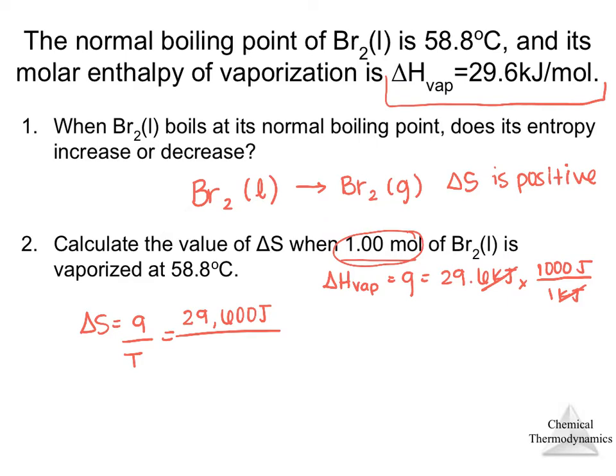So we're going to do 58.8 plus 273.15 to get 331.95 Kelvin. So my delta S is 89.2 joules per Kelvin.